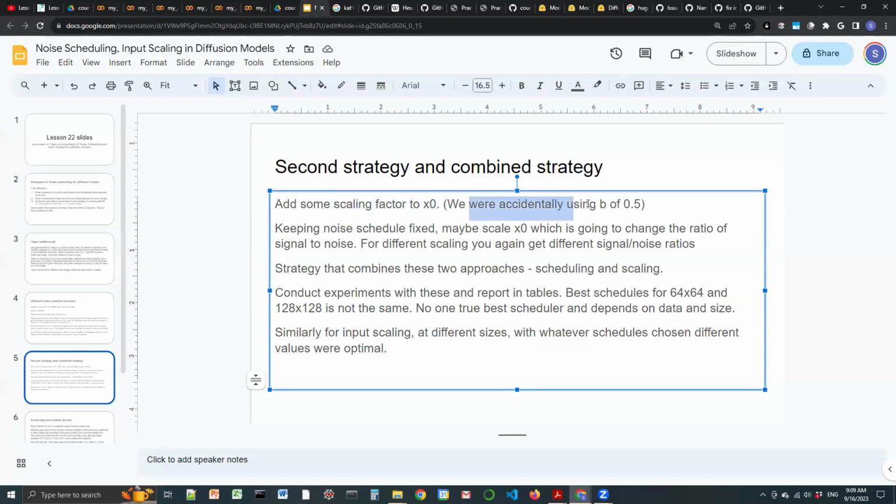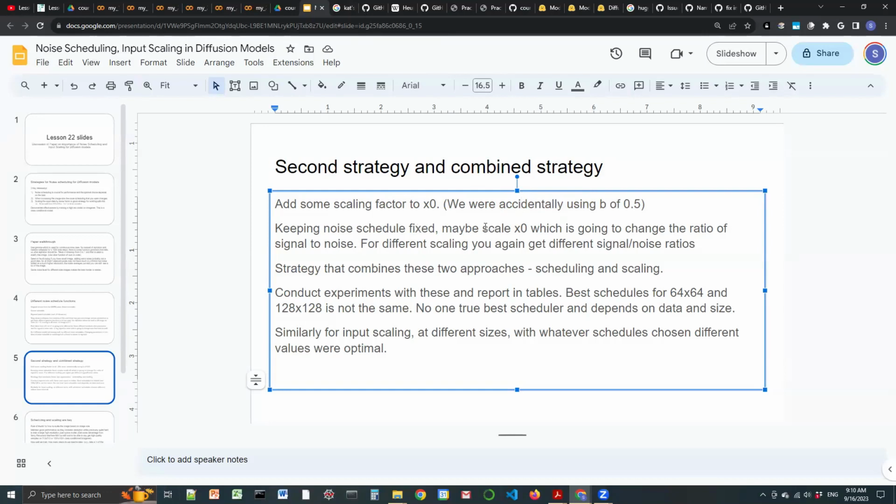Interestingly, we just stumbled on using a value of 0.5, right? That's why the range is from -0.5 to 0.5. But he was just trying to get better results. He didn't know that there was a theory behind why diffusion models learn better when the range is played with.